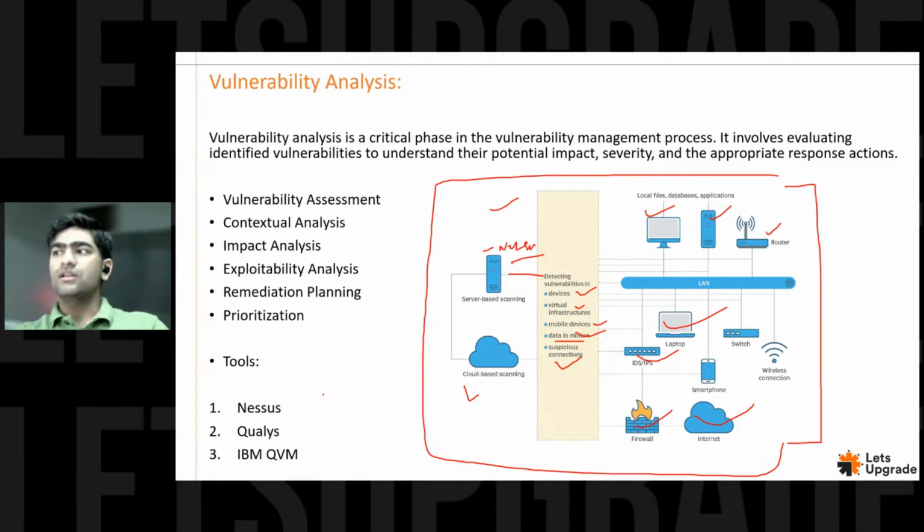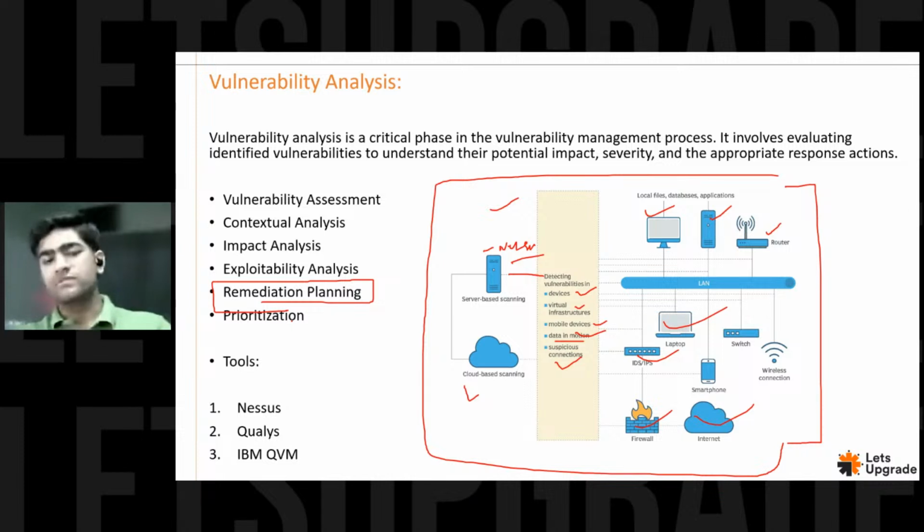Now, once we have identified the vulnerability on our system or somewhere else, we will start working on the remediation planning, right? How to remediate those, then we will do upgradation, run some patches. Most of the time we run the upgradation for all the security systems and applications we are using, if the vendor has released those.